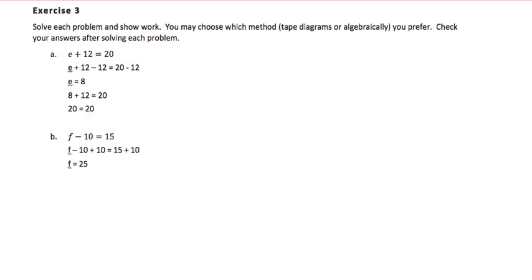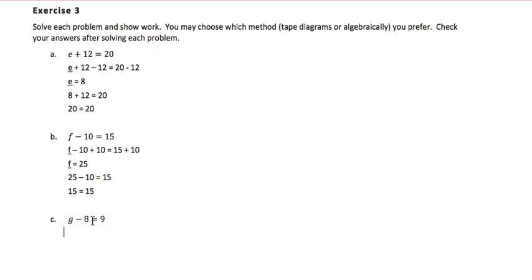Let's substitute into the original equation to see if that is true or not. 25 minus 10 is 15, and 15 is equal to 15. And then in C, again, we have g minus 8 equals 9.